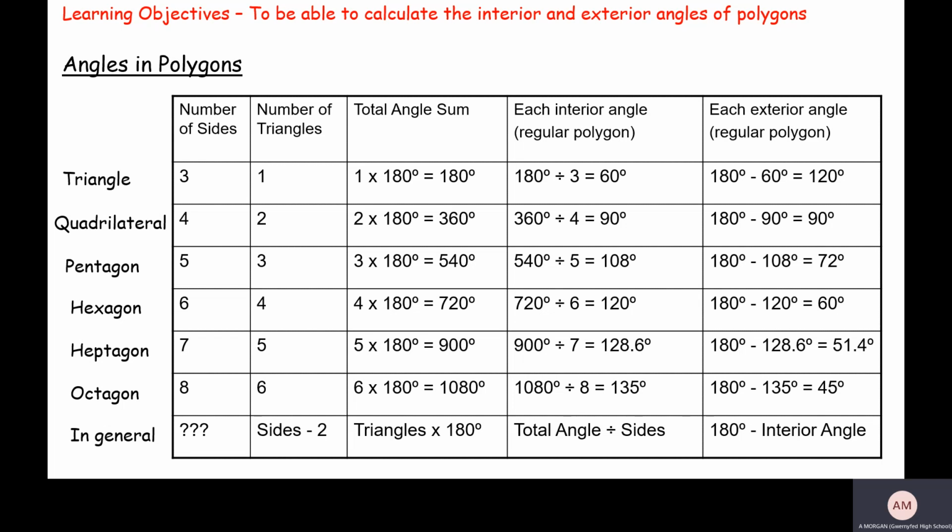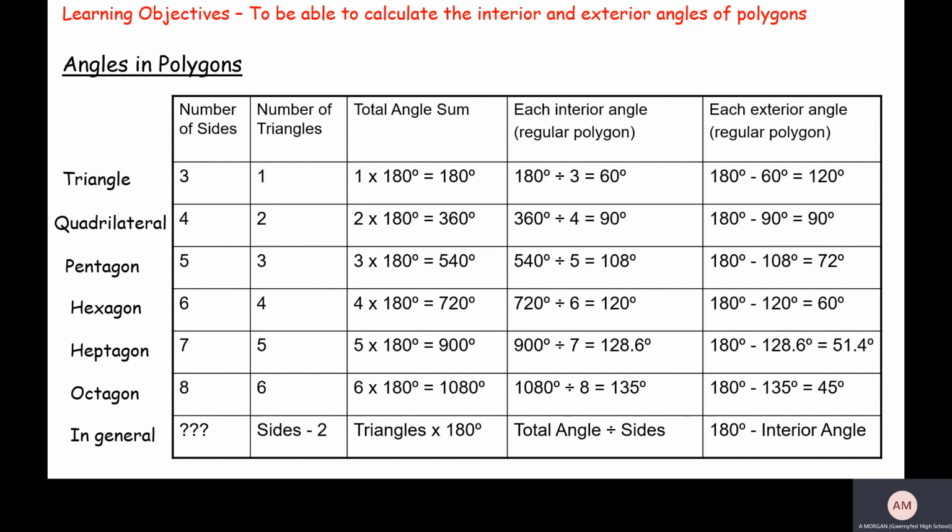Now, if it was a regular polygon, that means all the sides are the same length, all the angles are the same size. So if it's a regular polygon, how big would each angle be? Well, it's got 3 angles, so share the 180 degrees by 3, and you get 60. And then an exterior angle would be 120. It's always going to be 180, take away the interior angle. But I will talk more about exterior angles in a minute.